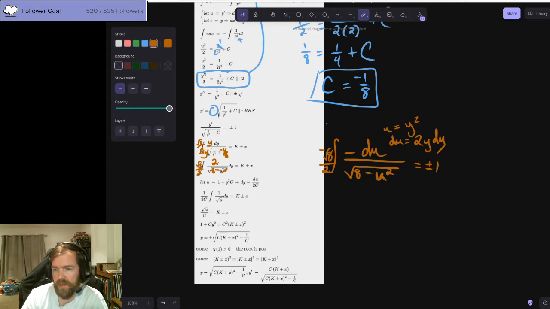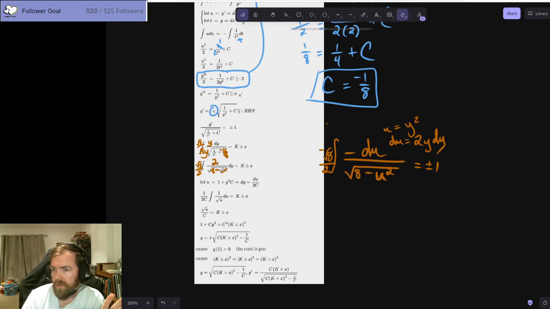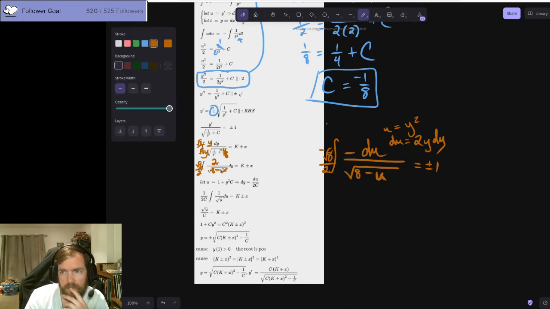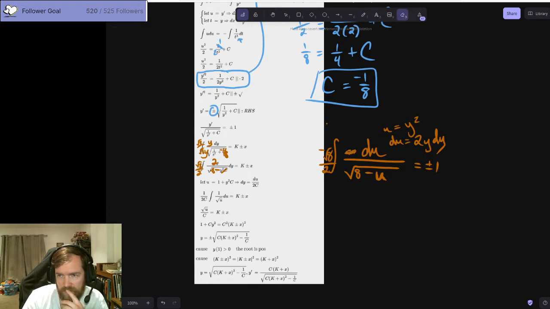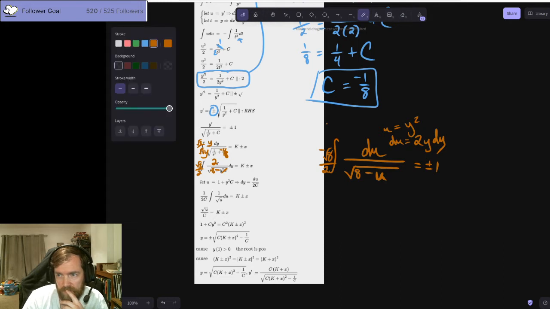Oh, sorry, that's not u squared, that's u. There you go. That negative has been absorbed into the du, so that's not there anymore.